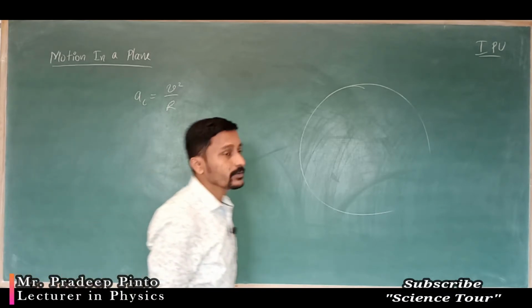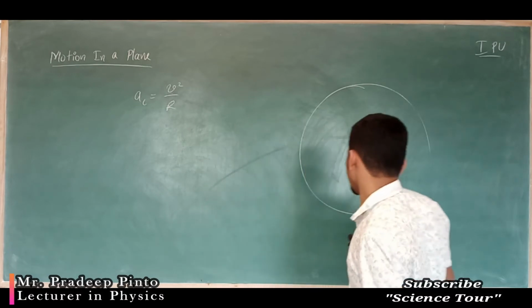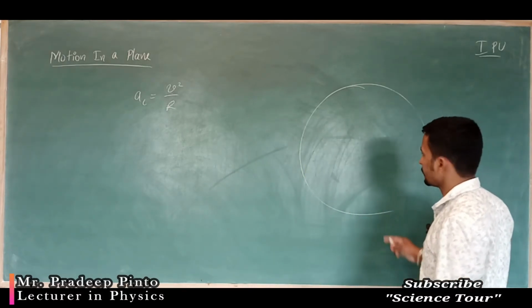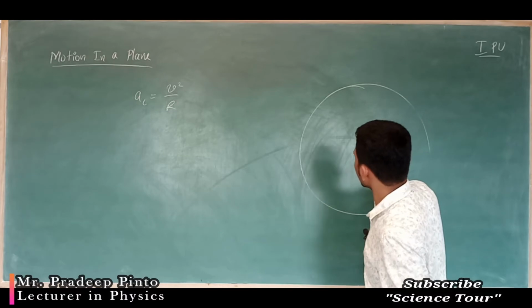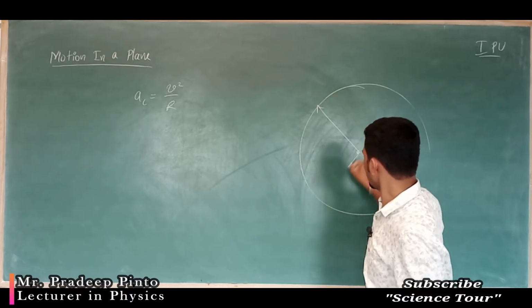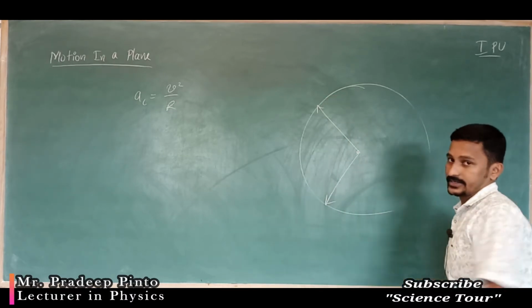Now, what do you mean by linear speed? What do you mean by the radius? In an earlier video of mine, I have written the same diagram, but in this way I have written the mirror image.